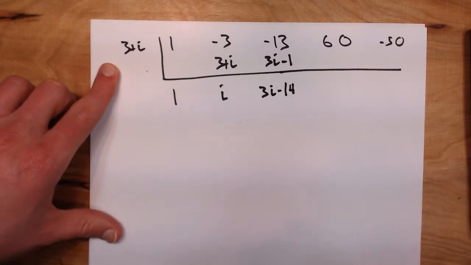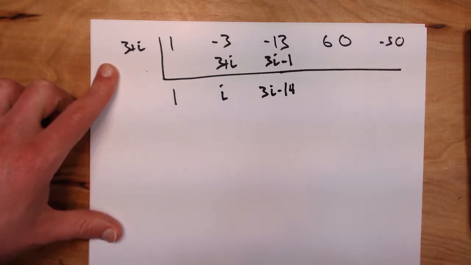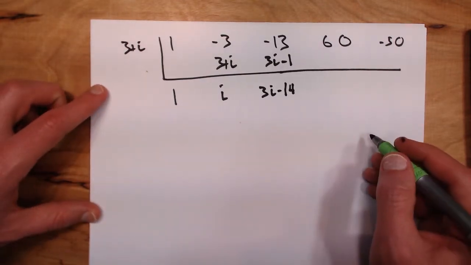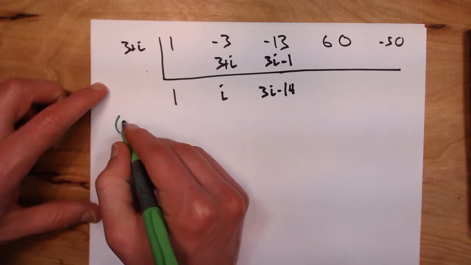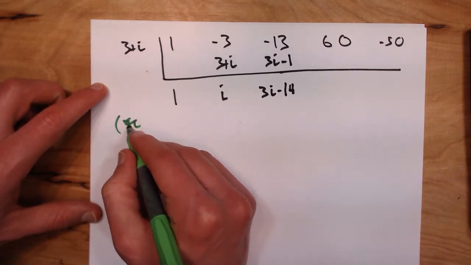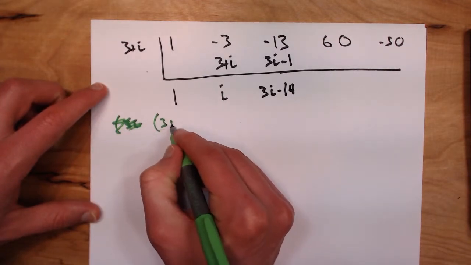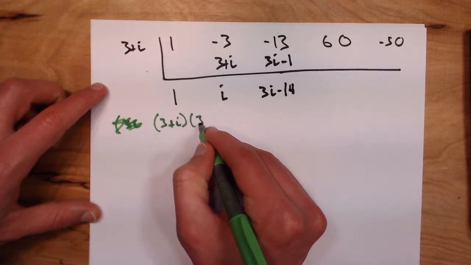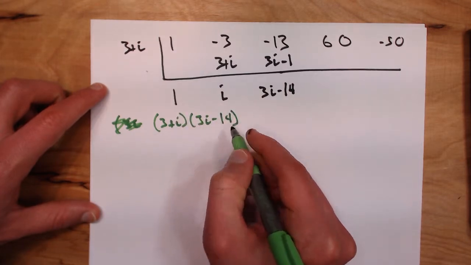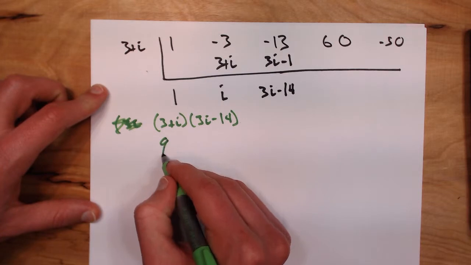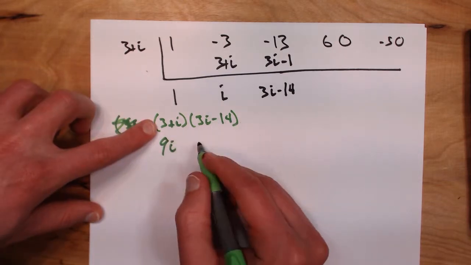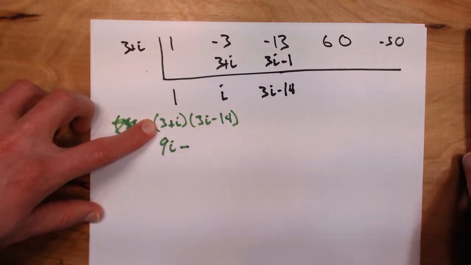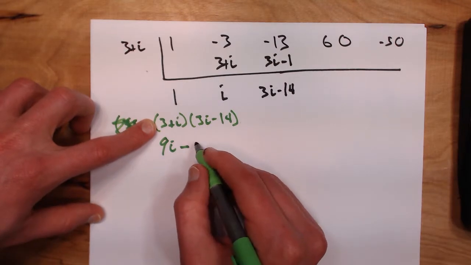All right, and now we're going to have to FOIL, which sucks. Here we go. So we have 3 plus i times 3i minus 14. That's 9i minus, it's getting late, 14 times 3 is 42.